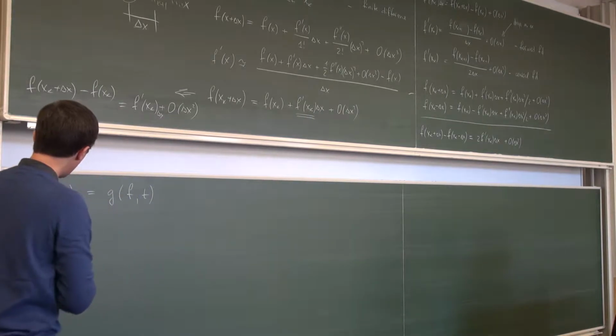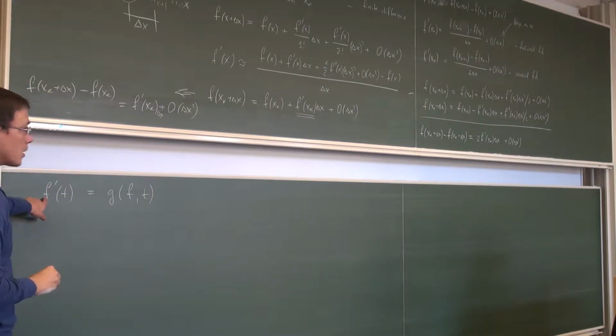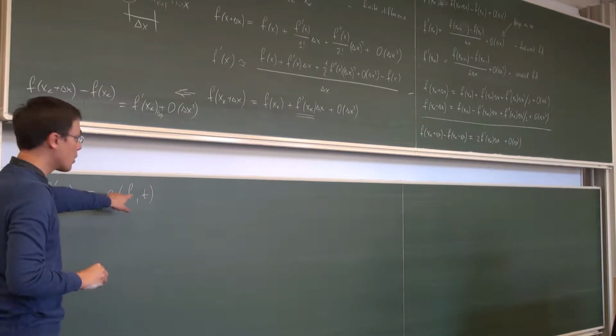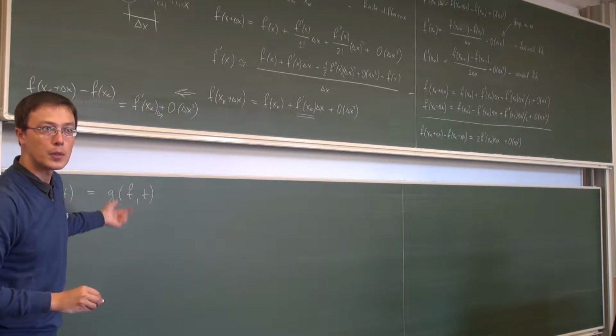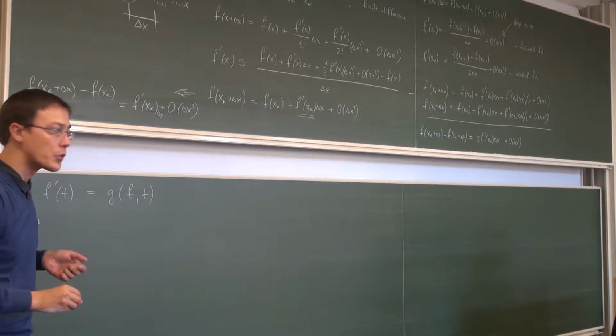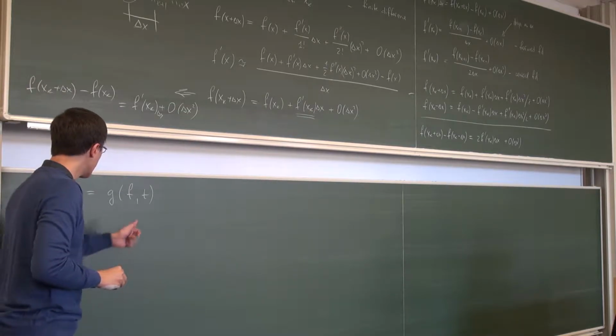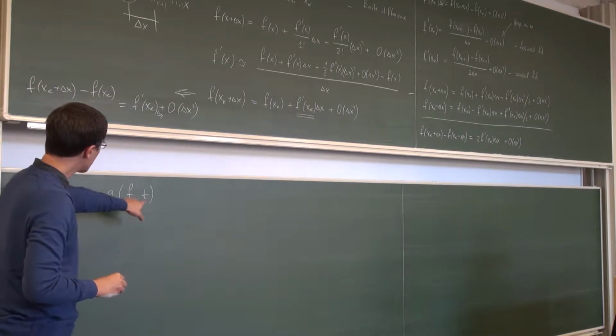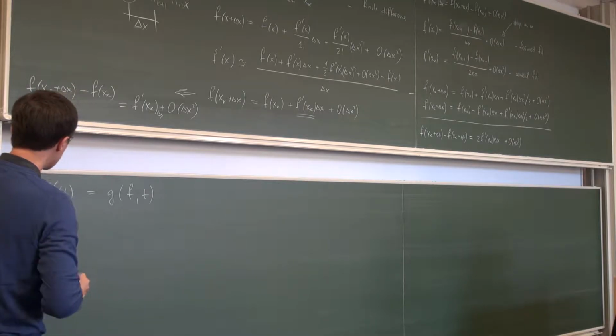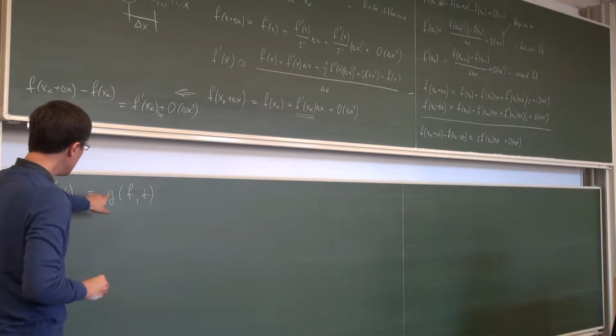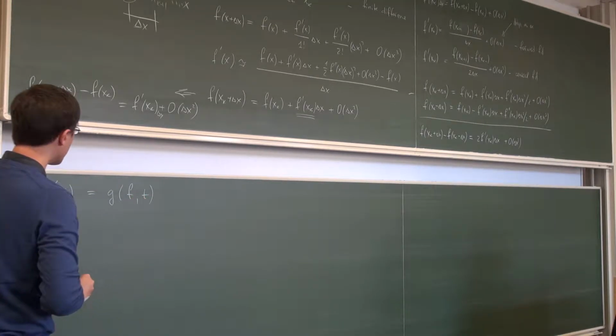So for example, in chemical kinetics, the concentration derivative as a function of time will be some function of the current concentration, linear, quadratic, cubic, depending on the order of your reaction. And perhaps something is coming into the reactor and coming out of the reactor. This will be your time dependence in there. So this G depends on F and it depends on time.